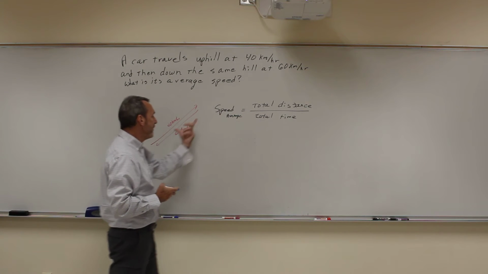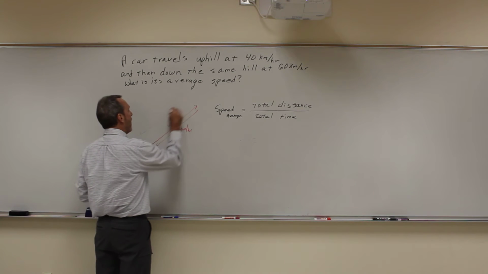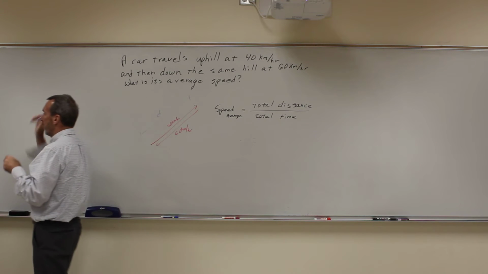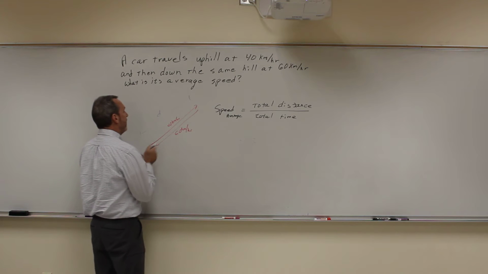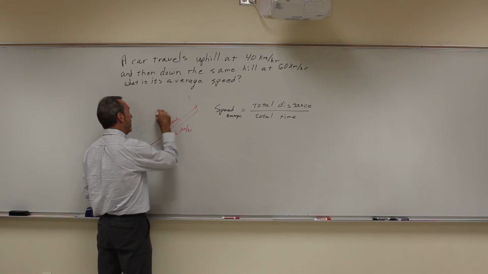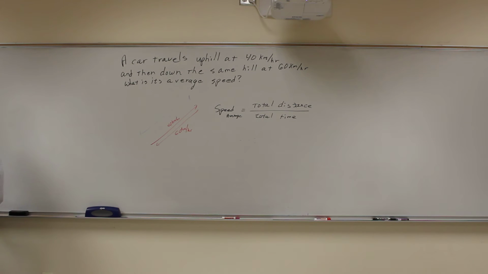So we don't know the distance, it never tells us what the distance is. So we're just going to arbitrarily assign the distance to d. We're just going to call this distance that it travels d.